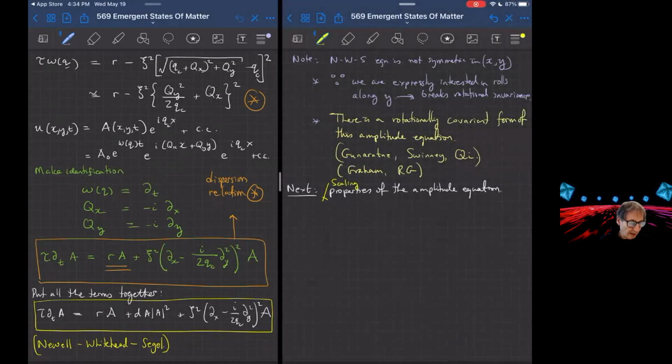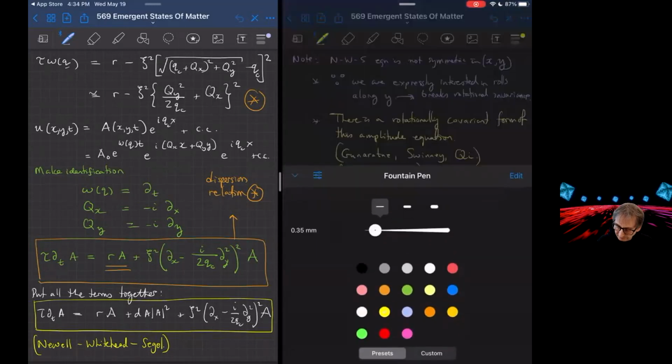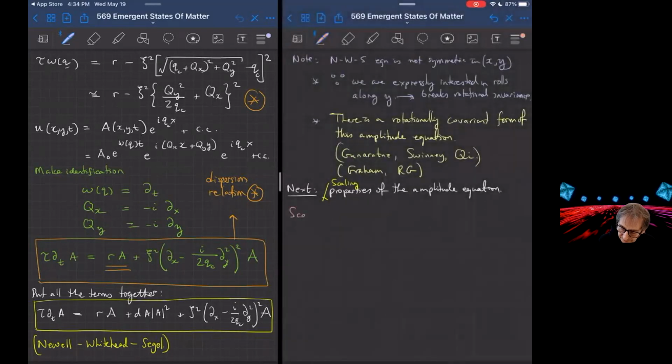So that's what we're going to talk about now. The first thing is that when we write down an equation like this, if it's going to make any sense, all the terms have to be of comparable order.